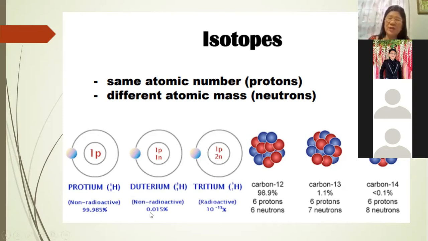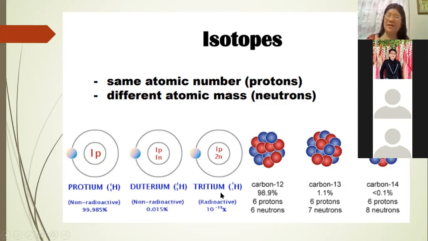So deuterium has an atomic number of 1 and an atomic mass of 2. Therefore, how many protons? How many electrons? It's still 1. But your number of neutrons will be 2 minus 1, which is 1. In protium, the number of neutrons is 0.